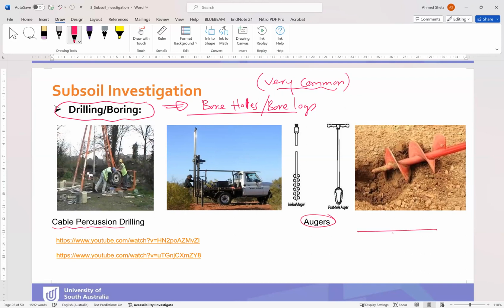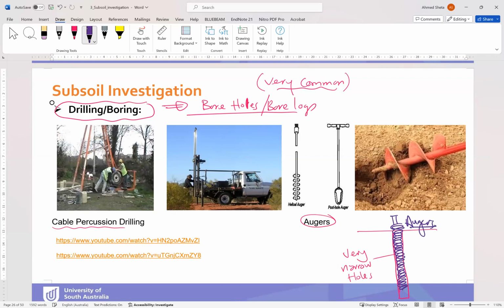With this method we will make very narrow holes, using the augers to dig and to extract the soil.